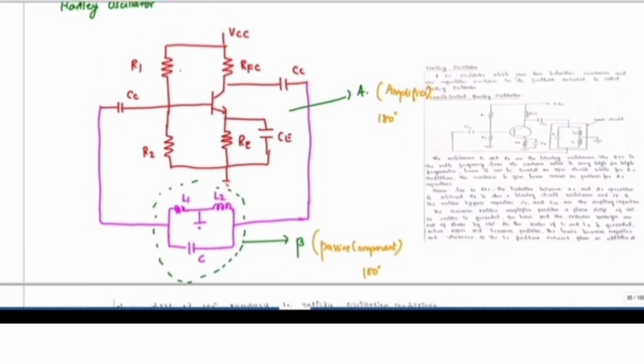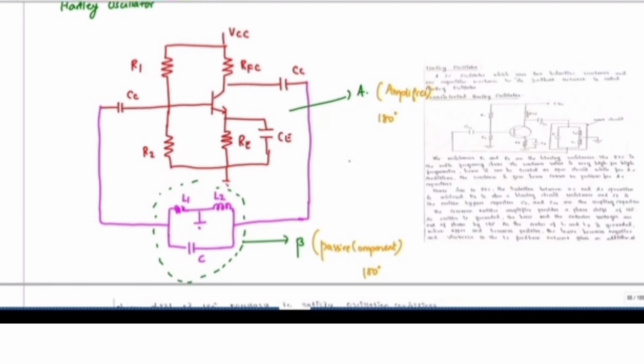So it has to follow the Barkhausen criteria: the magnitude of A beta is equal to 1, and it has to produce a 360-degree positive phase shift.